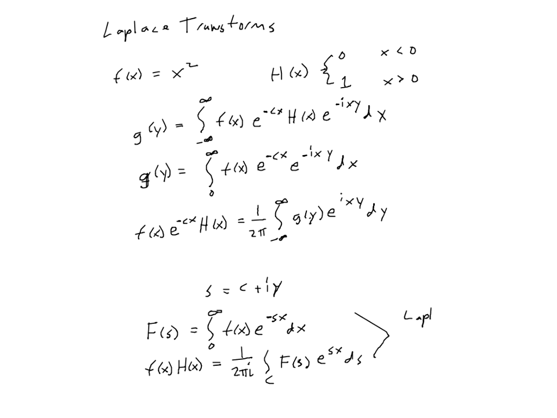And so this is your Laplace transform. You can think of this as a path integral, which we'll talk about next week when we talk about complex numbers. But essentially, this is a different kind of transform, like a Fourier transform.